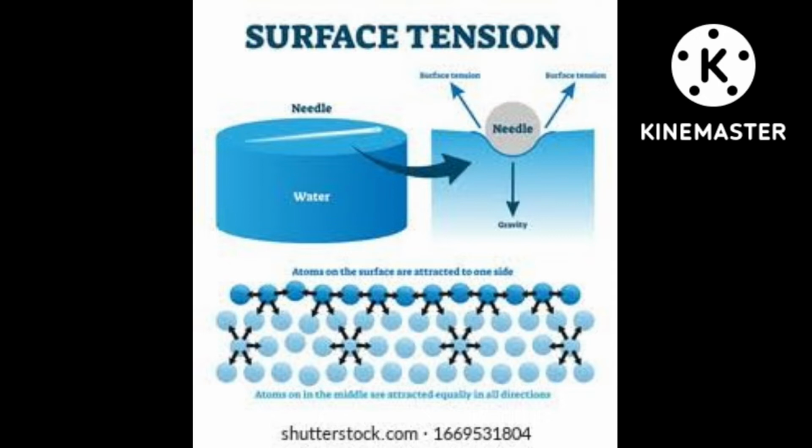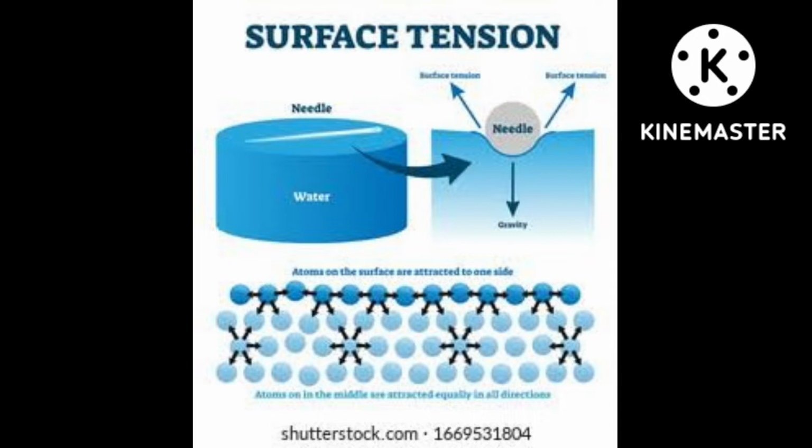Molecules of liquids are held together by attractive intermolecular forces. Liquids have definite volume because molecules do not separate from each other. However, molecules of liquids can move past one another freely.